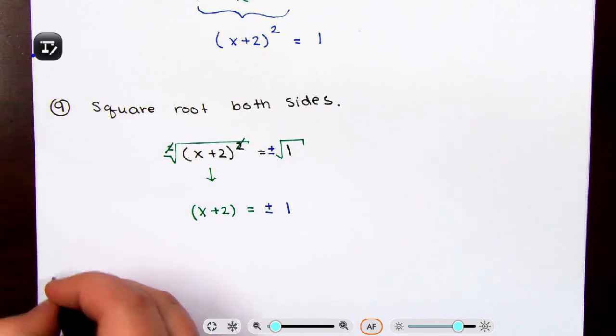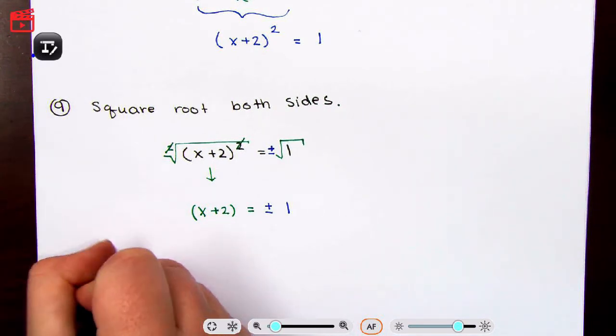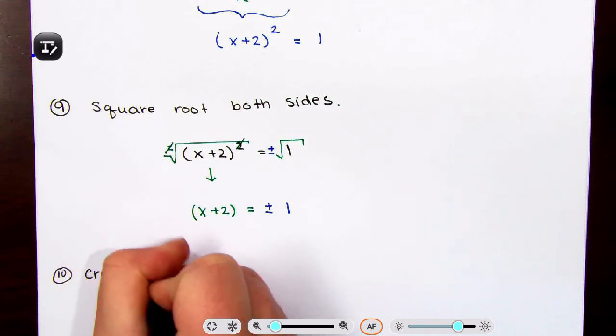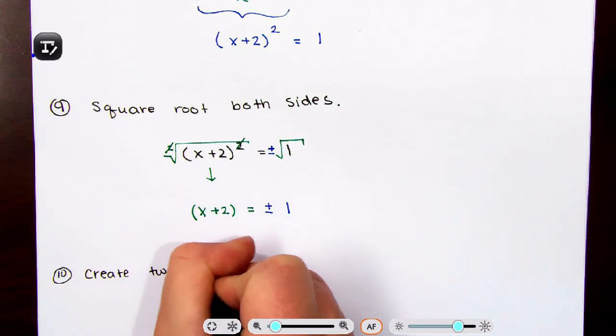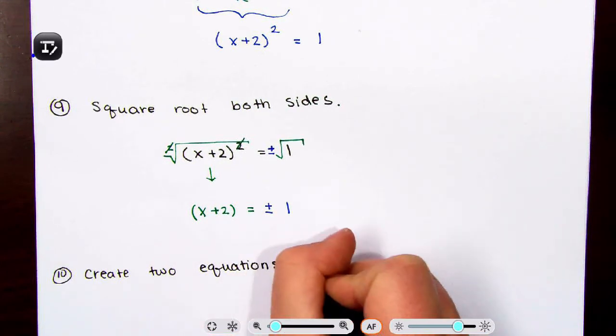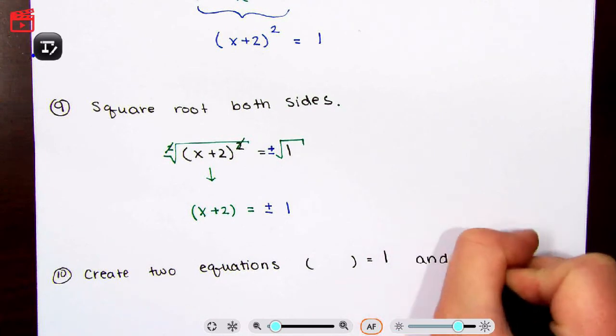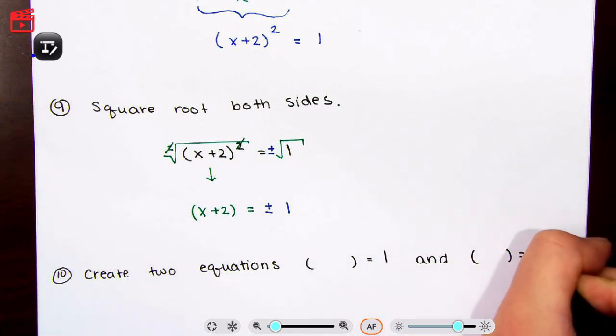So now at step number 10, you're going to have two equations. You're going to have something equal to 1 and something equal to negative 1.